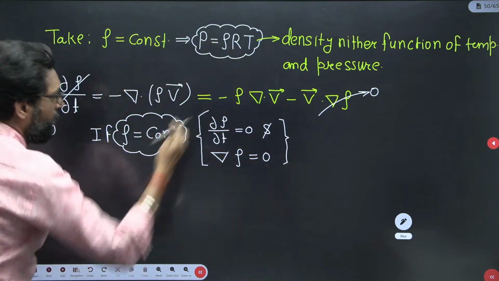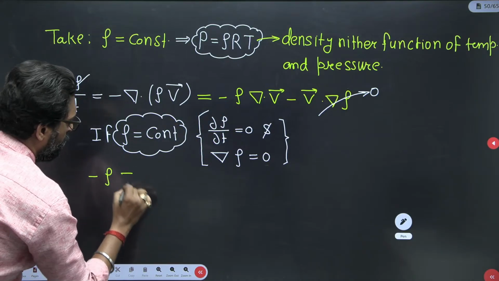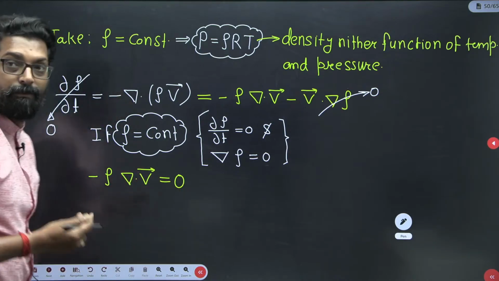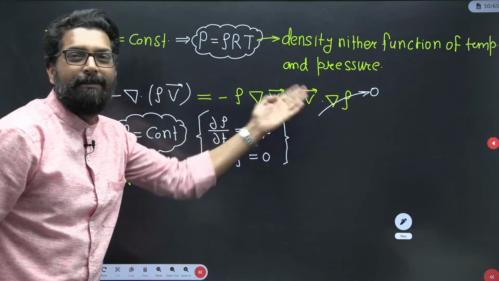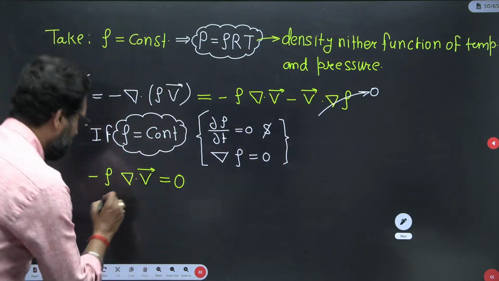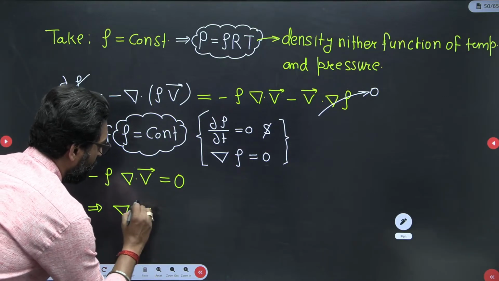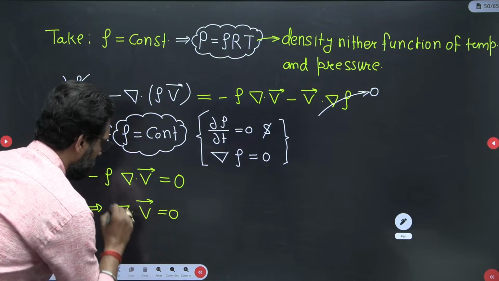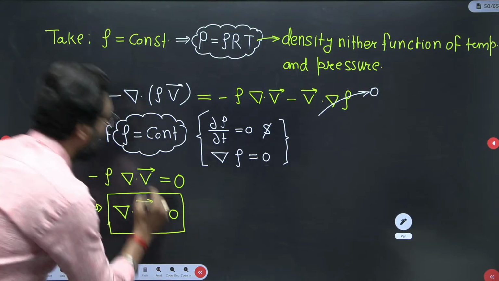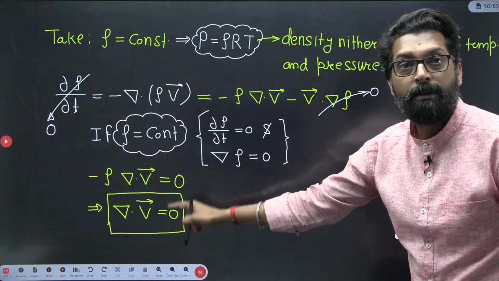Then minus rho del dot V is equal to 0. Now, if you don't know how to expand, you can leave the class. These are the basic calculus. So what is the meaning? That means del dot V is equal to 0. This is the condition for constant density, that means incompressible fluid. This is proved.